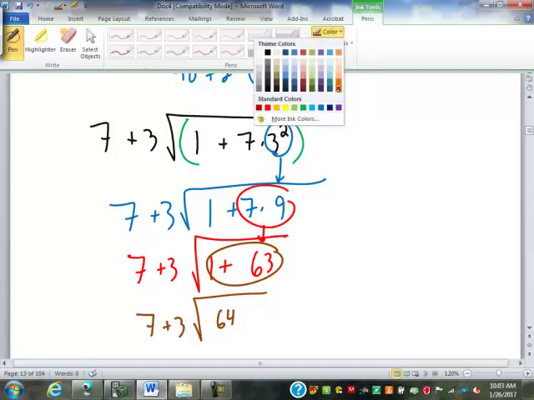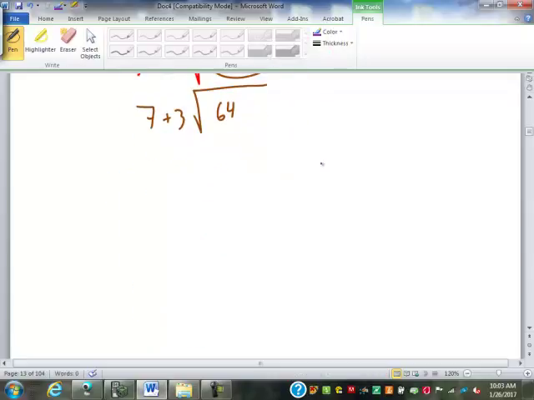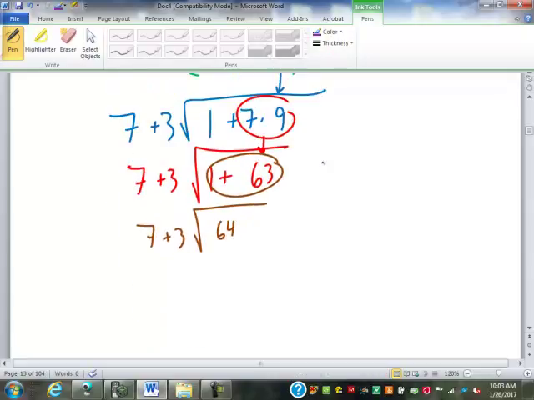Now we have what's inside that square root down to a single number again. Like any other enclosing symbol, when it's down to a single number, we don't need the enclosing symbol anymore. Just like the absolute value, though, when we remove the symbol, we actually have to do something. What is the square root of 64? 8. Again, the 3's in front of it with no operation, so it's 3 times.